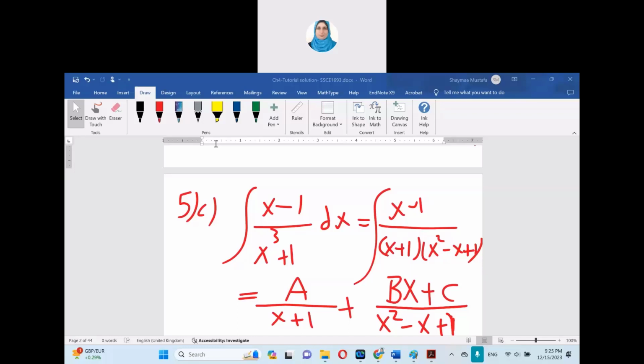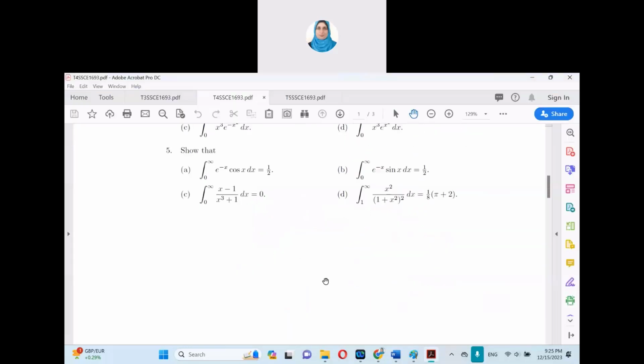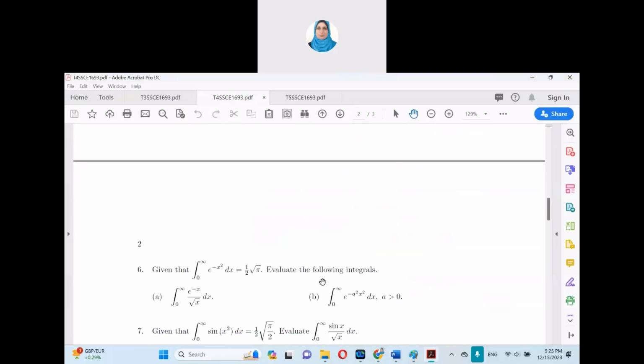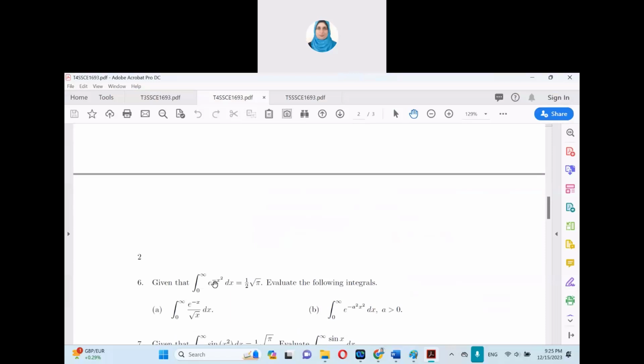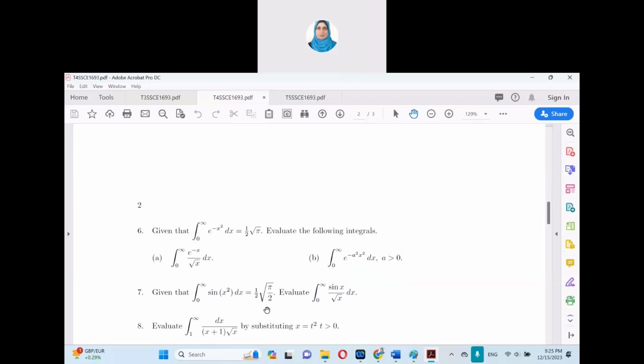Okay, before going from 10 to 15, 6 and 7 are also asked by students. 6 and 7, similar idea. Okay.